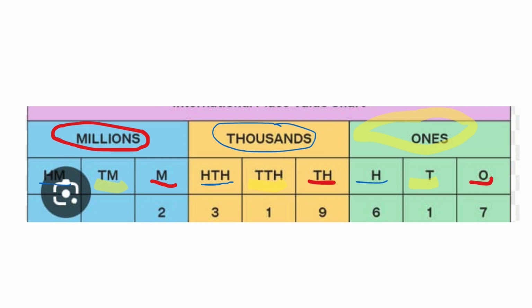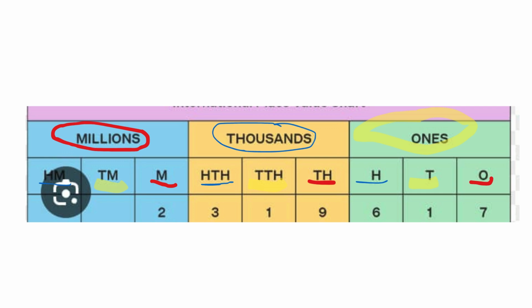Those circled in red are millions. Circled in blue, they are thousands. Circled in yellow, they are ones. Why did I circle these in blue, red, yellow? It is for showing you that we have 3 big parts, which are millions, thousands, and ones.